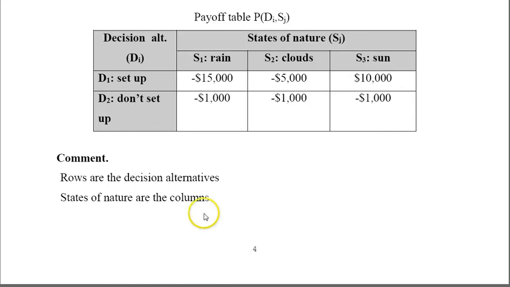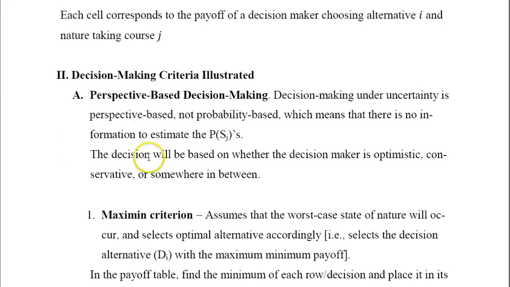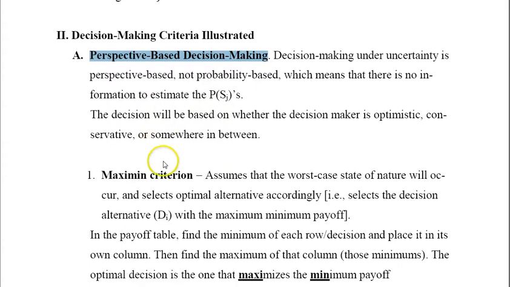Then the decision will depend on the decision maker being optimistic or pessimistic or some combination of each. So we can identify some of these criteria. We call them perspective-based decision making. In a follow-up video, we'll talk about probability-based decision making.